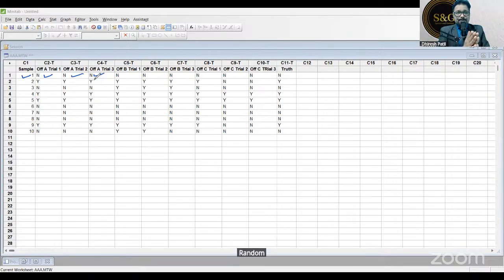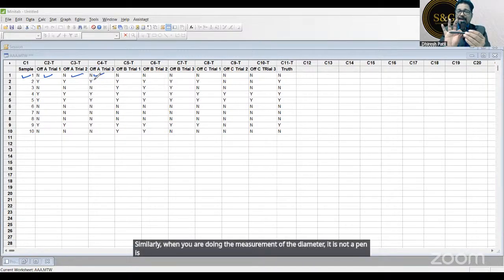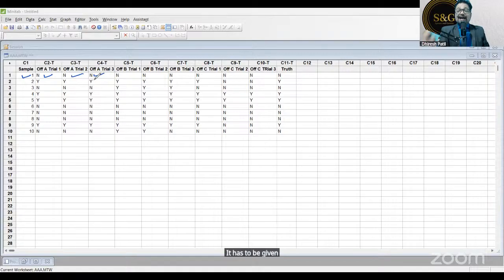Similarly, when you are measuring the diameter of a pen, it is not that the pen is given and the diameter is measured 3 times. It has to be given at a different time. Then only it will make sense. Clear, everybody? Just give me yes in the chat. We want to check the variation coming from the system, so we have to eliminate all the bias.